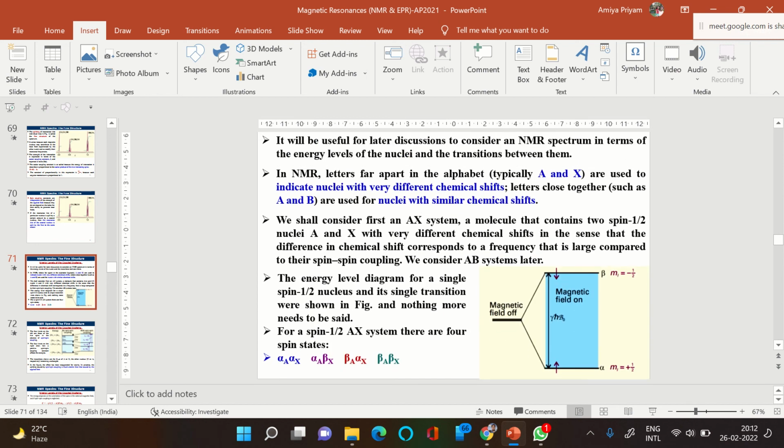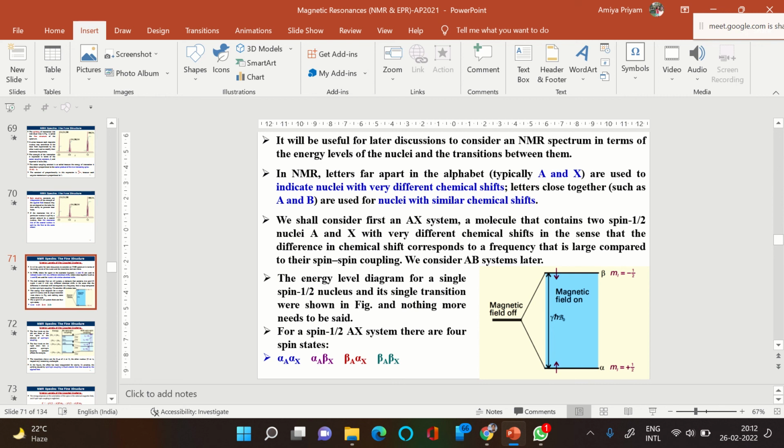Alpha beta means alpha at A and beta at X. So an atom can have alpha or it can have beta, where alpha means plus half and beta means minus half. A similar thing can happen with X.